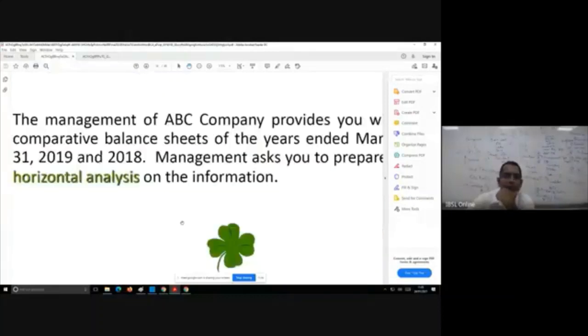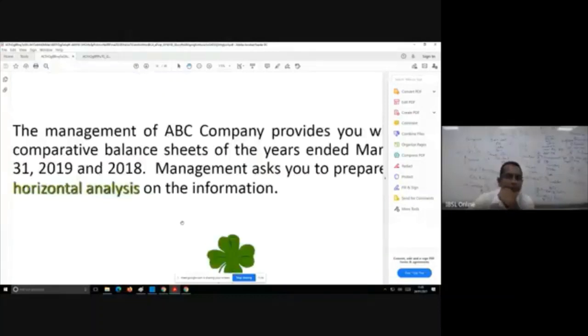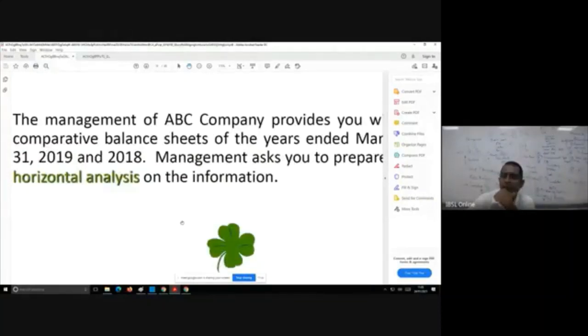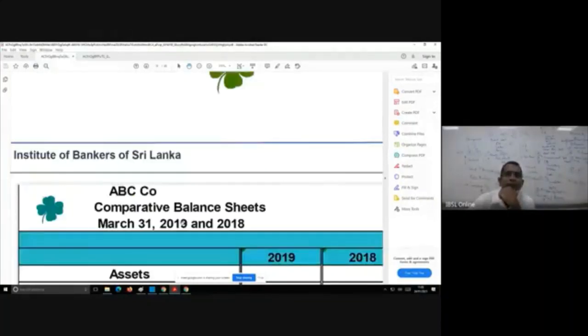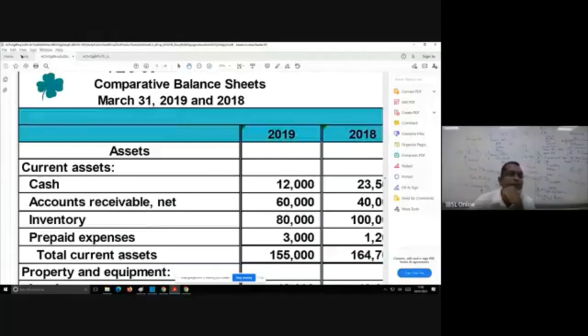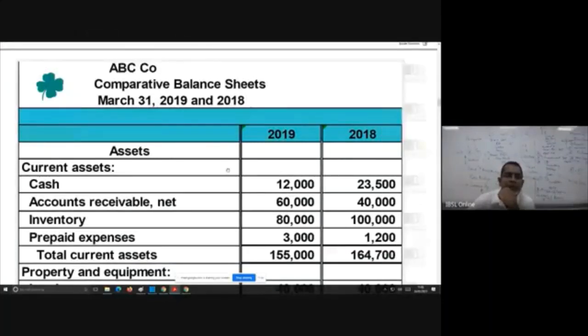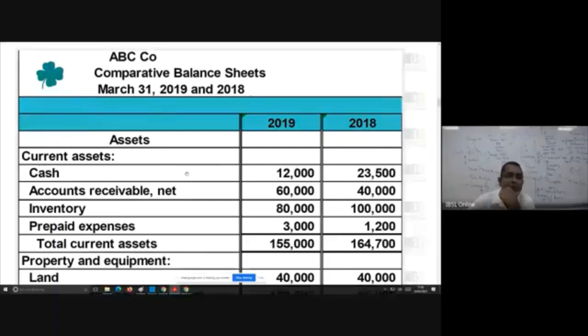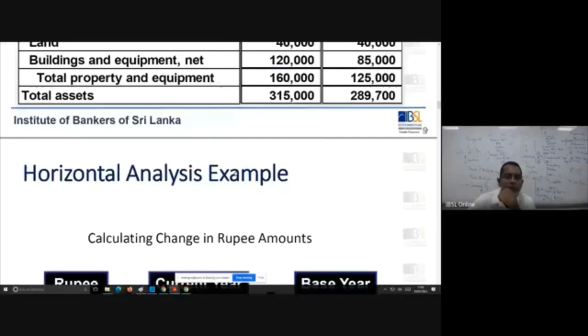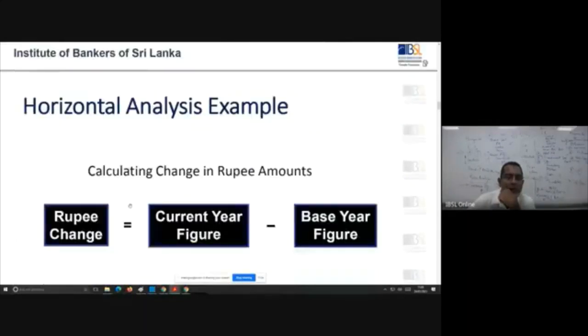The management of this company. This is a financial statement given. Horizontal analysis happens like this.